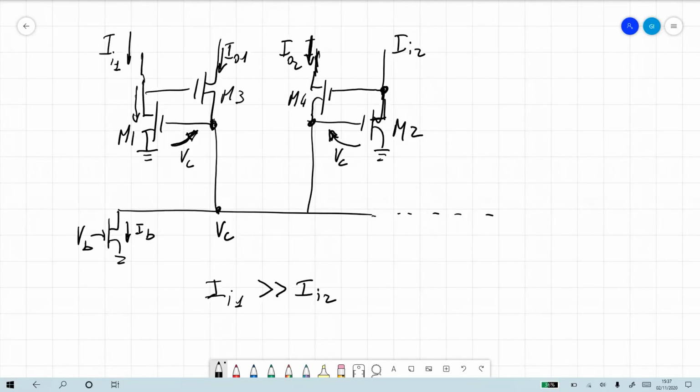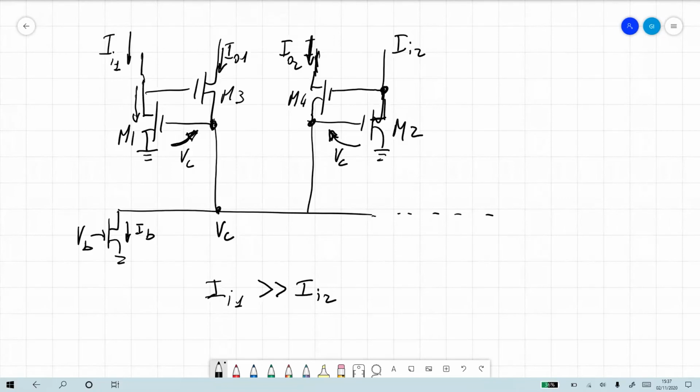On one hand, VC has to be large because it sees I in 1 on the left, but on M2, given that VC is large, we have a small current. So how can that transistor cope with this fact that it has a large gate to source voltage, but it can only sink a very small current, I in 2? Yes, it is in the linear region. Great. It is in the linear region.